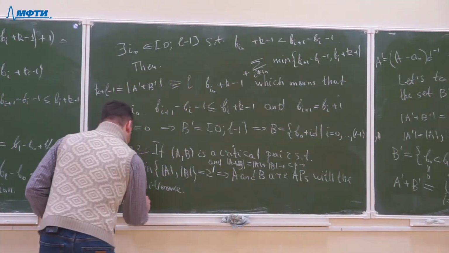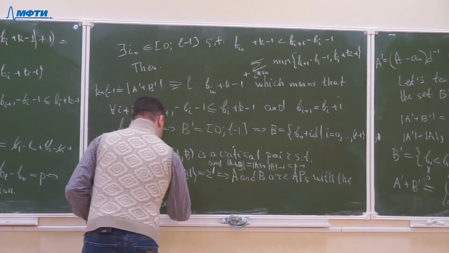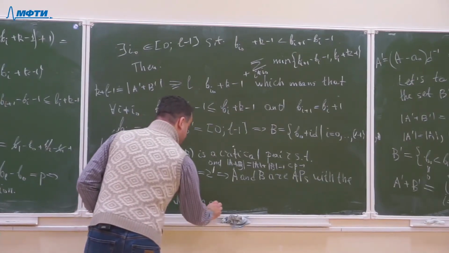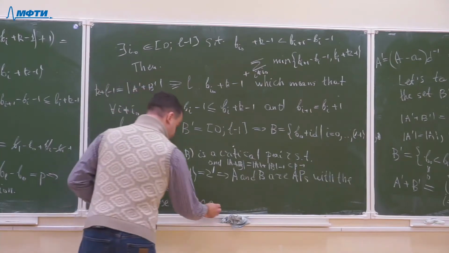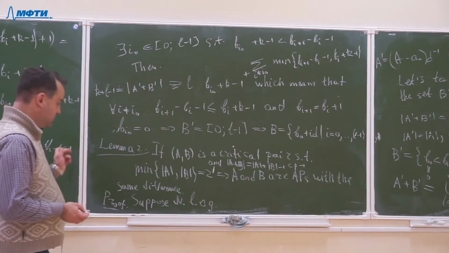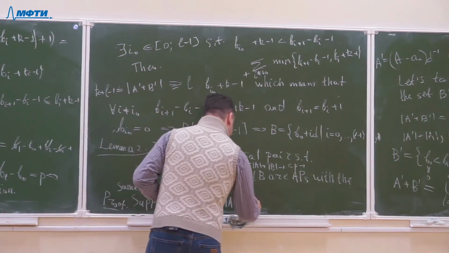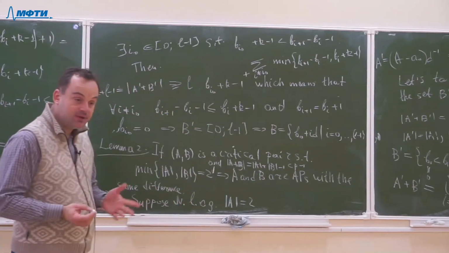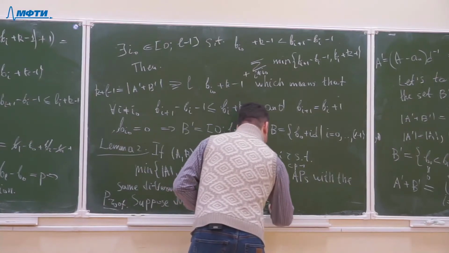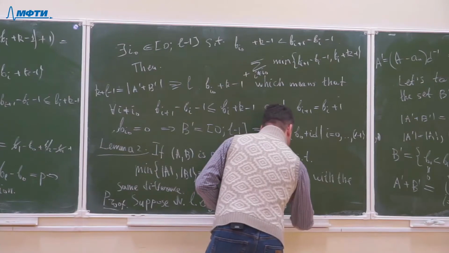Suppose, without loss of generality, because the other case is exactly the same in proof, that A is, cardinality of A is 2. Then A is an arithmetic progression.